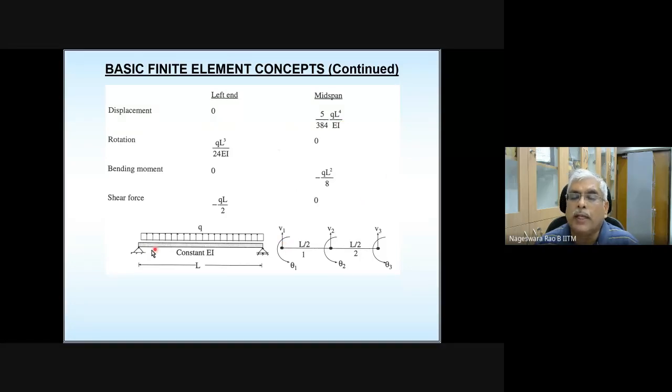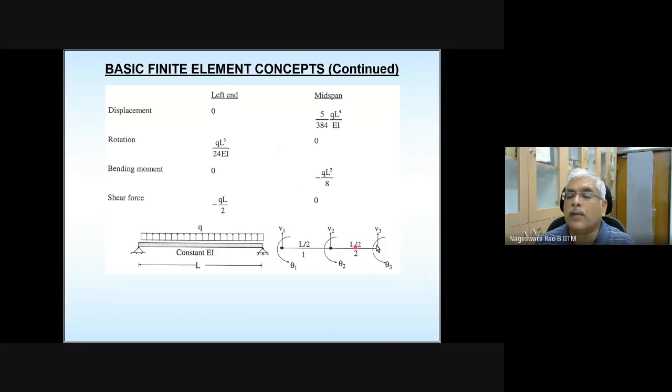So this entire beam of length L is divided into two elements of equal length, L divided by 2, L divided by 2. And each element has two nodes. Okay, total 3 nodes and 2 elements. So this is the discretization, and this is the sign convention. This is the sign convention for applied loads and moments as well as degrees of freedom.